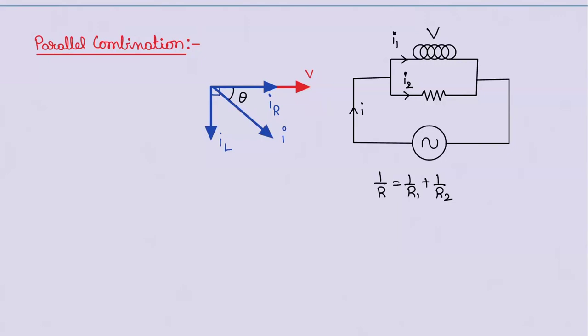But let us take impedance phasor. In parallel combination, we add reciprocal of resistance, right? Same thing here: 1 by R, 1 by XL, add them, you will get 1 by Z, angle theta. Clear? That's it.